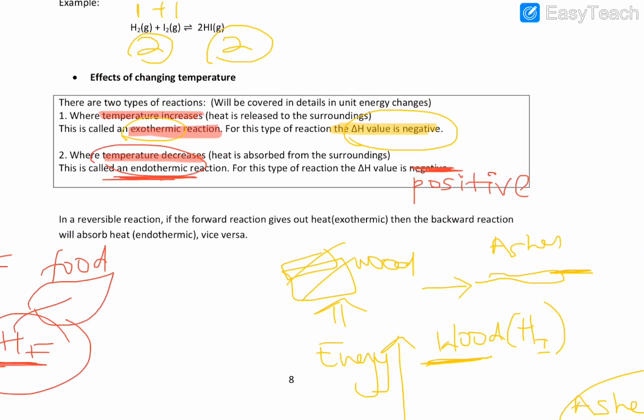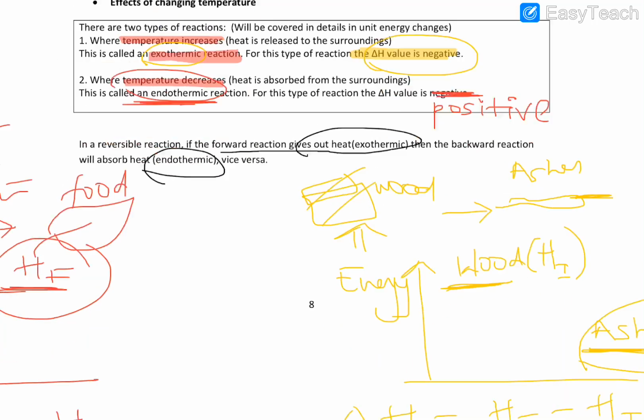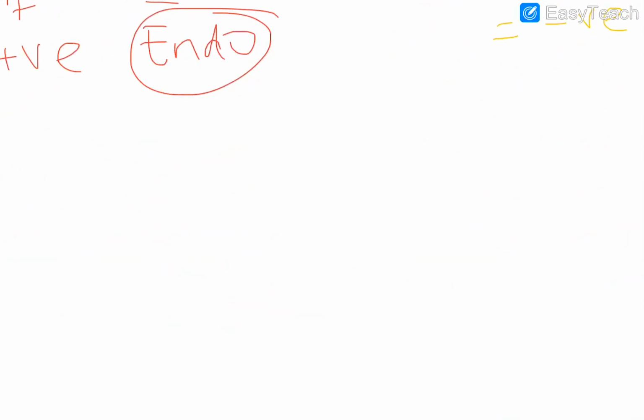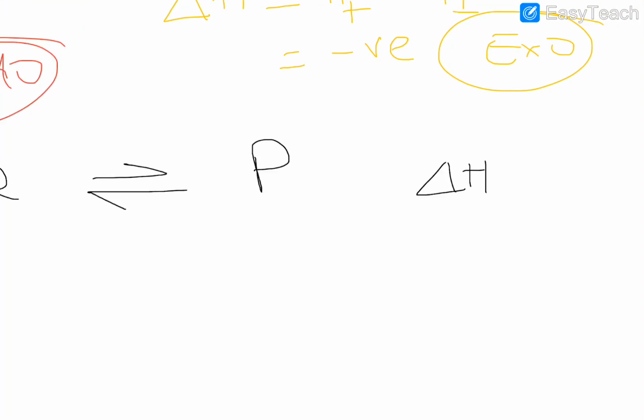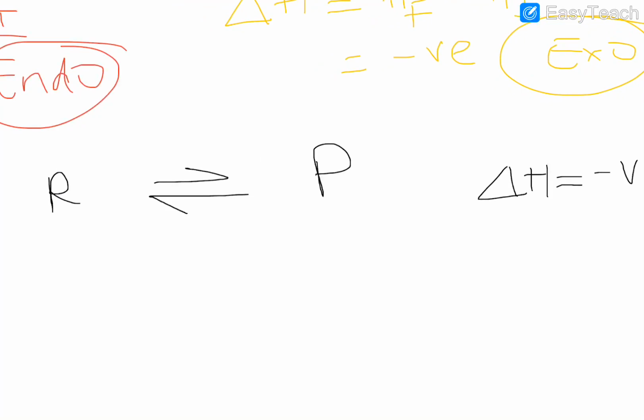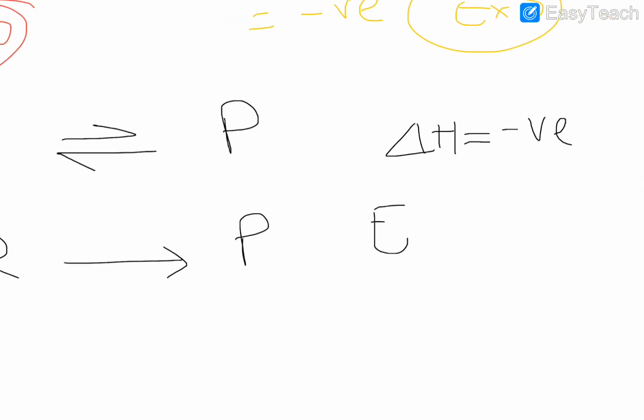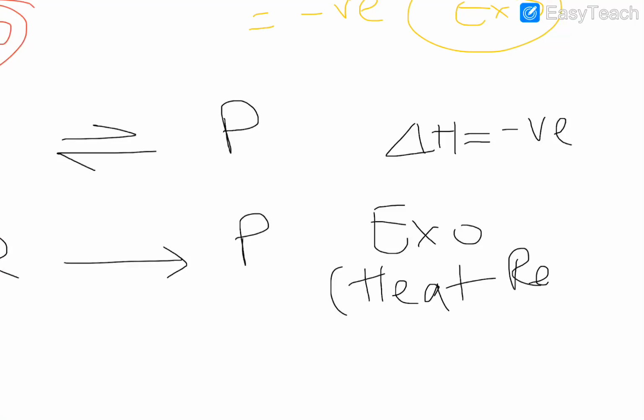Now, in a reversible reaction, if the forward reaction is exothermic, then the backward reaction is going to be endothermic. If I tell you that I have a reaction taking place, reactants to products, and that this reaction has a negative delta H, which means that as we go in the forward direction, from reactants to products, it is exo, which means heat is released.